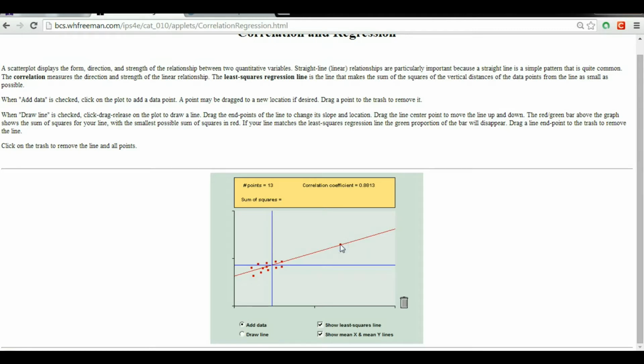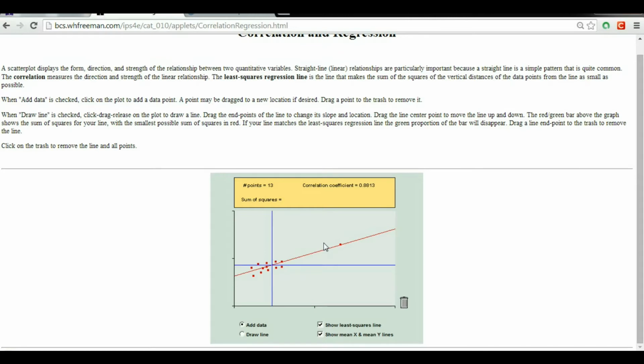So let me take our point and move him right there. Now we went from a correlation of 0.54 to a correlation of 0.8813. So this guy is far away from the mean point in a horizontal direction. Okay. So we call that a high leverage point.